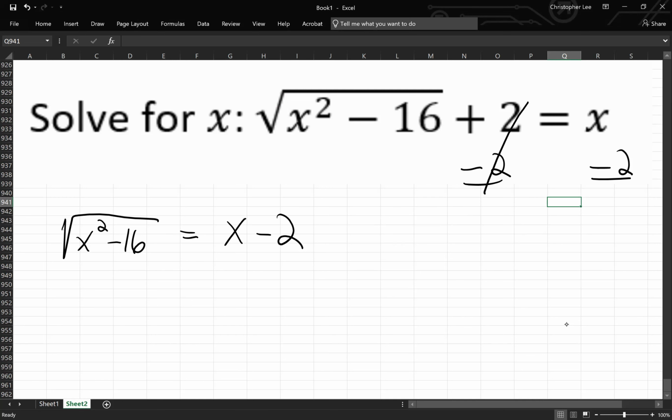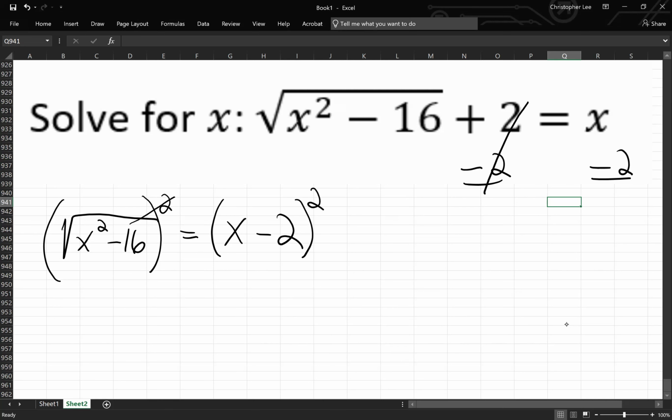What should I do after that? I want to get rid of the square root, right? How do I get rid of the square root? Both sides to the second. Exactly, right? I'm going to square it to get rid of the square root. But what I do to one side, I do to the other, right?